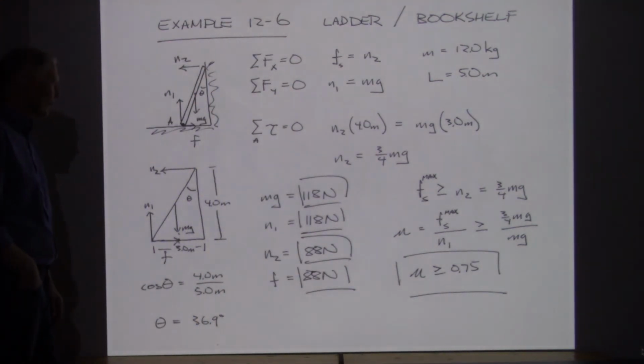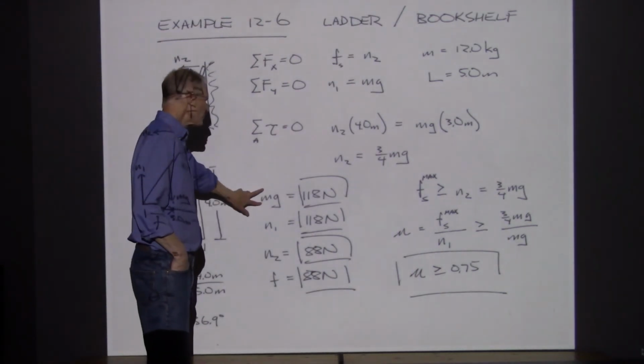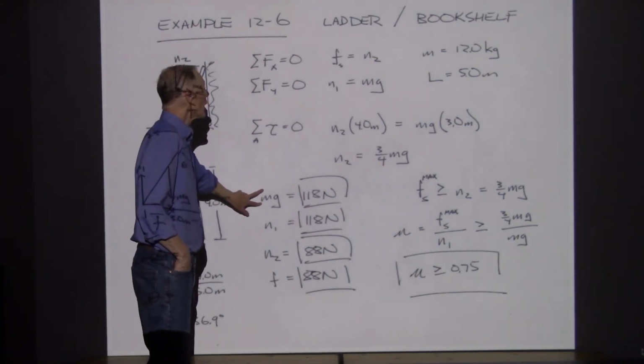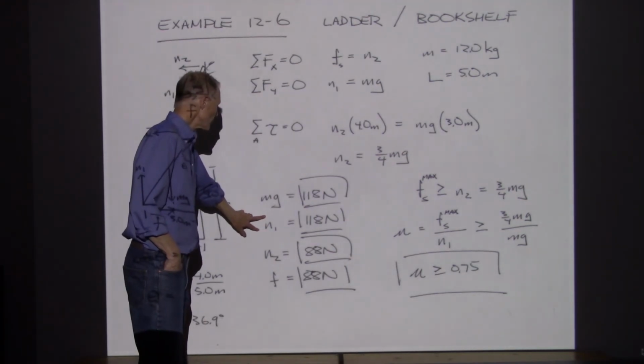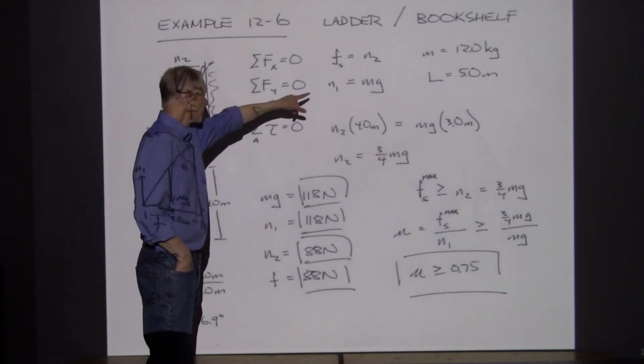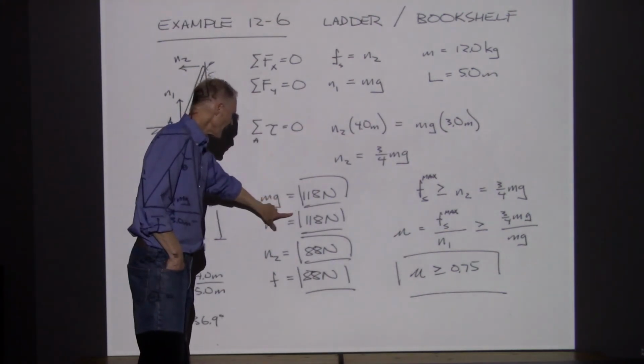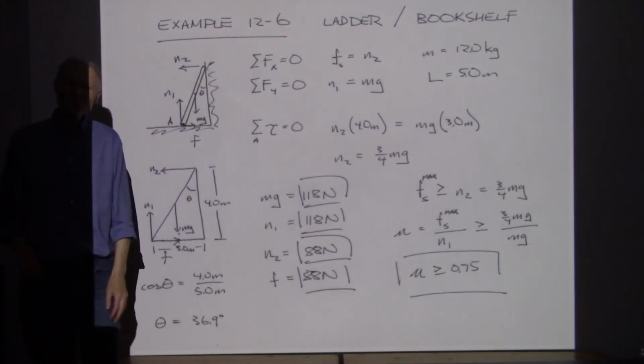But we are going to have to go back and recheck these numbers. So the mg value is good, but the N1 value is going to be different. Oh no, the N1 value is good too. So mg is good, N1 is good. What about N2?